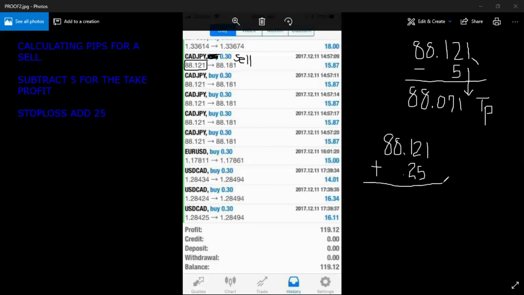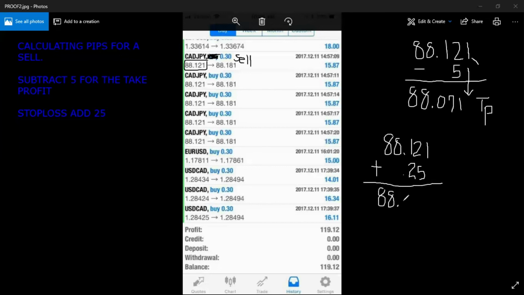We add to the entry price in order to get the stop loss. So you would have your 88.121 and you would add your 25. So 12 and 25 is what? 37. So you would just bring down in front of the decimal, just bring that down.